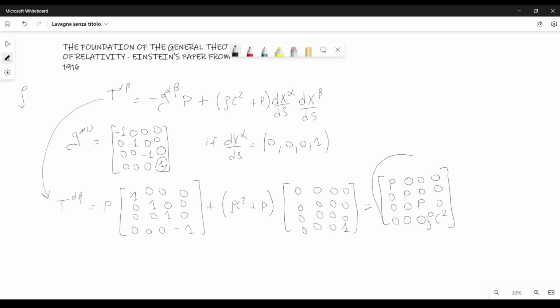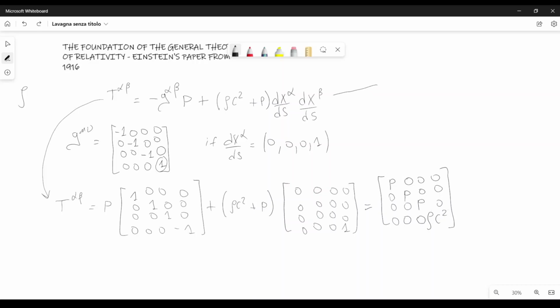So this tensor here, this matrix, is the energy momentum tensor for a frictionless adiabatic fluid in static conditions, because you see that the fluid is described only by the pressure and only the energy density here.